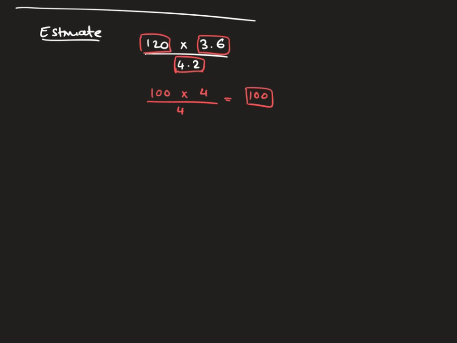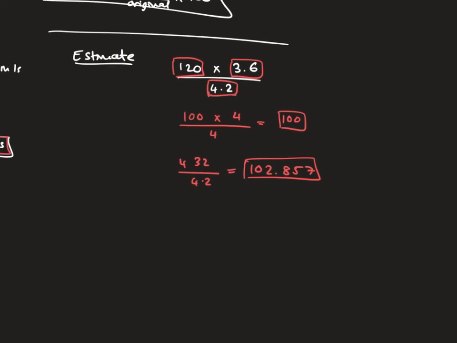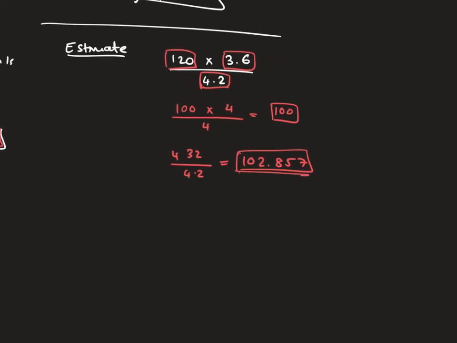But if I actually then work out what the actual value is in the calculator, 120 times by 3.6 is 432, and I divide that by 4.2, that actually gives me 102.857. Now, to work out my percentage error, I work out what my error is, how far off I was, out of the original amount, the correct amount here.